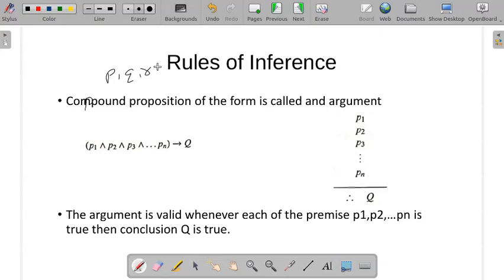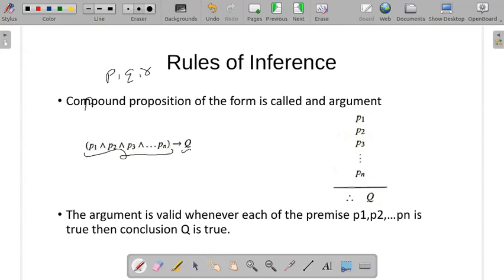In rules of inference, just like laws of logic, we will be going through some laws of inference. Before that, we will see what premises are. These P1, P2, up to Pn are n propositions, and together they are called an argument.